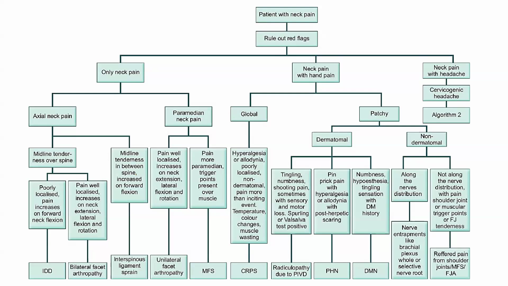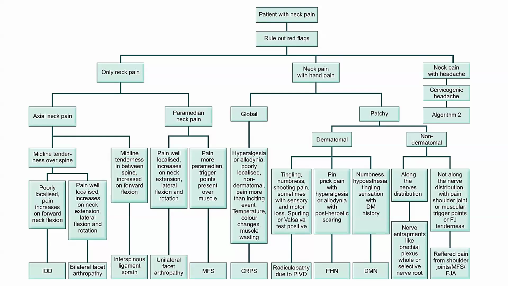When pain is well localized and increases on neck extension, lateral flexion, or rotation, there could be a possibility of bilateral facet arthropathy. Remember, when facet pain is one-sided, but when bilateral joints are involved, it could be a sharply localizing pain on both sides, and extension will increase the pain.